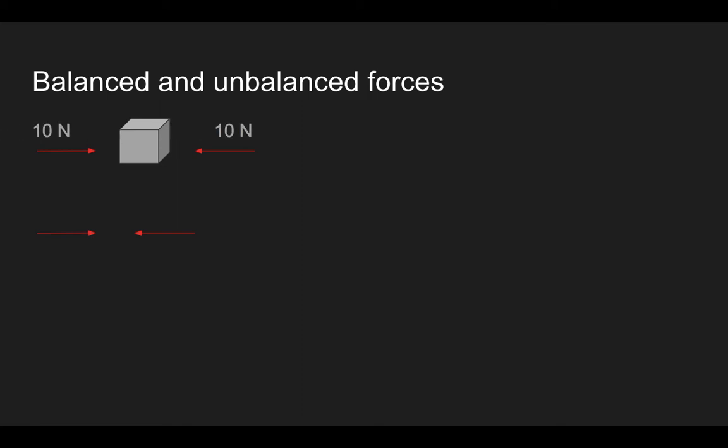So on this one, we have on the left-hand side, which is pushing the block to the right, 10 newtons of force. But on the right-hand side, pushing the block to the left, we also have 10 newtons of force. So because one person is pushing the block to the right with 10 newtons plus the person pushing the block to the left with a negative 10 newtons, you get 0 newtons.